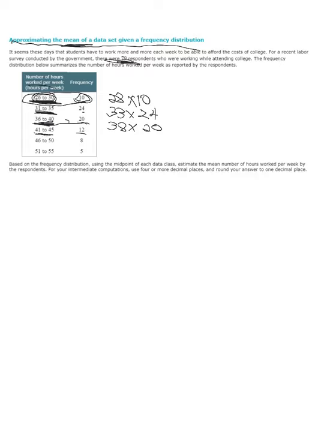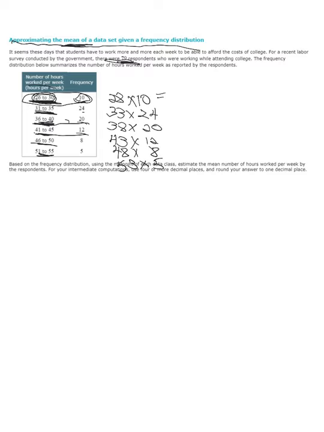Same thing here, 43 times the total number in there, which is 12. Then I got 48 times 8. And the last group would be 53 times that 5. All right, so what I'm going to have to do to find the mean is take these numbers.